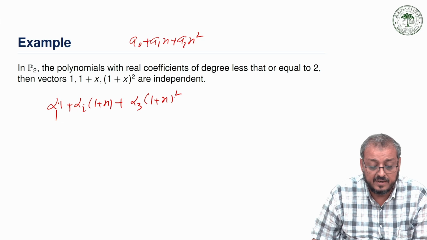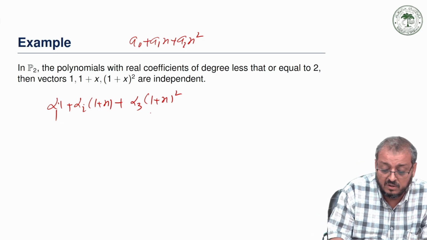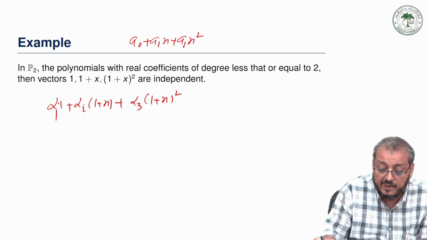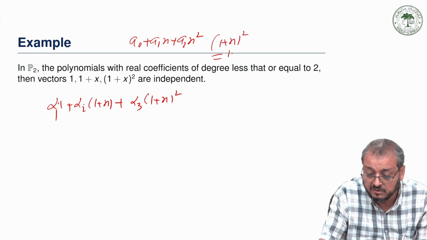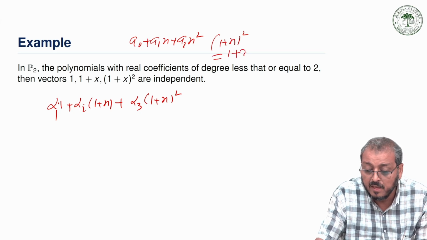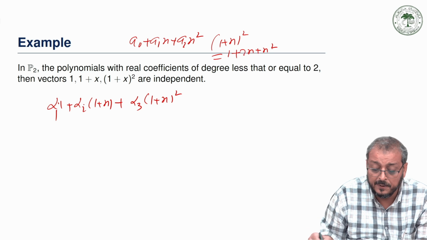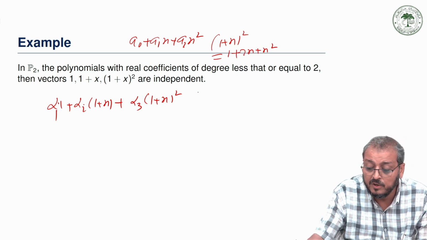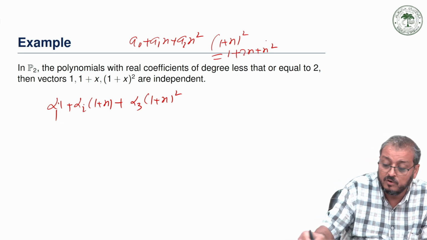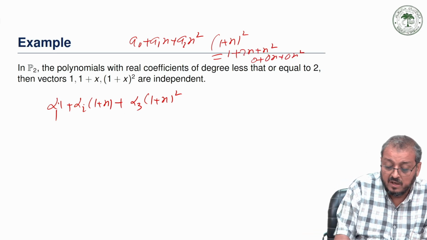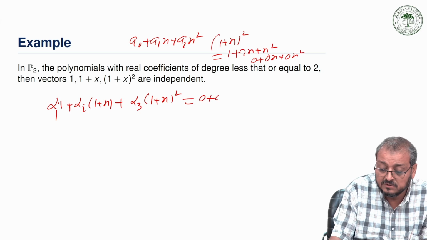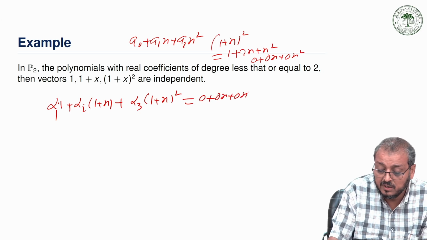Okay, so we check whether this is independent or not. First, 1 plus x whole square can be written as 1 plus 2x plus x square, and the 0 polynomial, you know, is always of the form 0 plus 0x plus 0x square. So this can be written as 0 plus 0x plus 0x square.